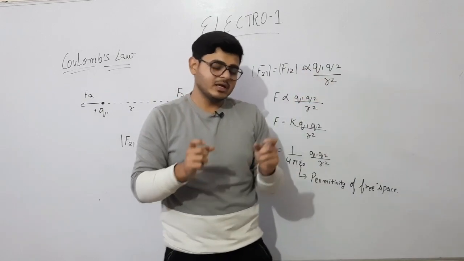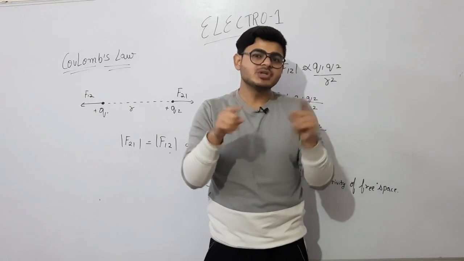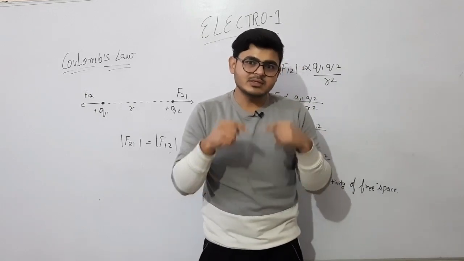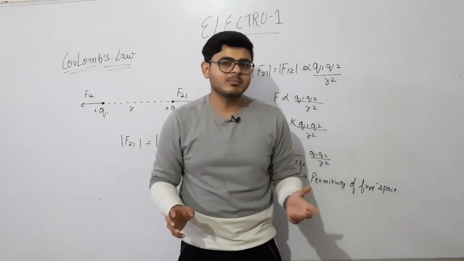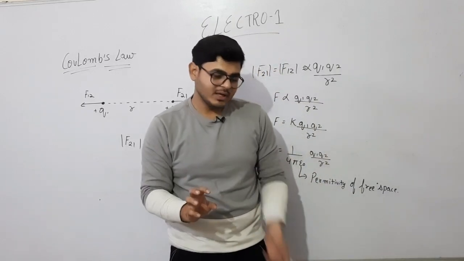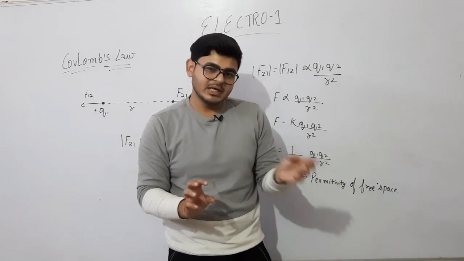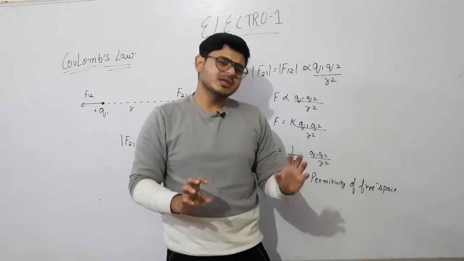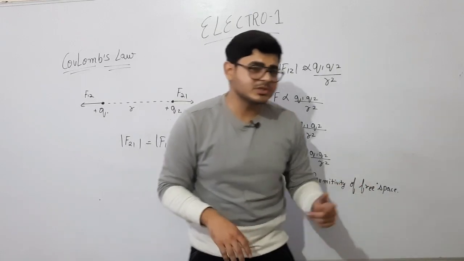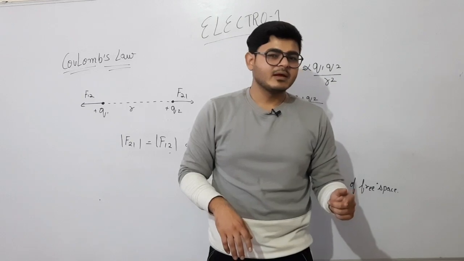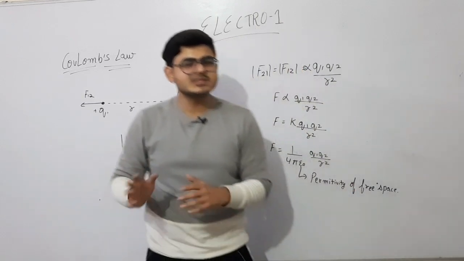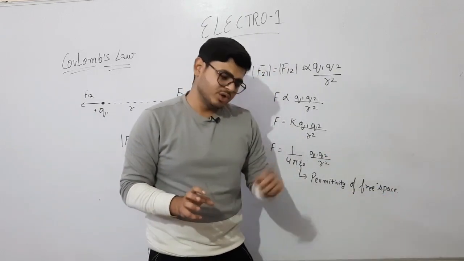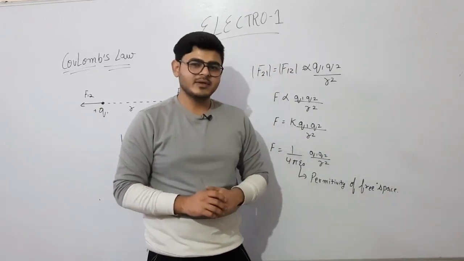But what if I put these charges in water? When I put these charges in water, what is going to happen? If I fix one and let the other move, the other moves with some acceleration. Is it a free acceleration or must there be some resistance? Yes, there must be some resistance to the acceleration of that charge, right?